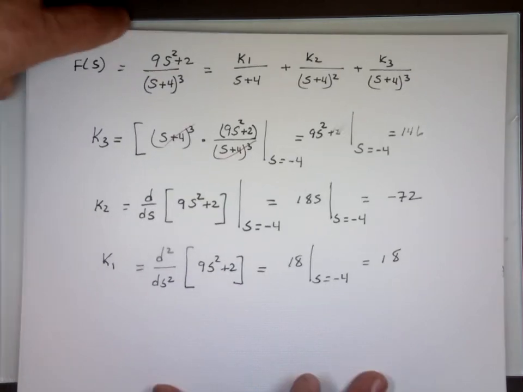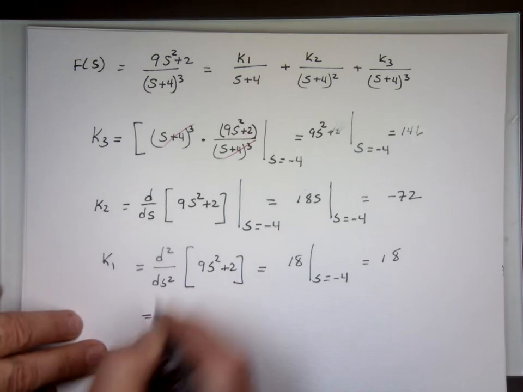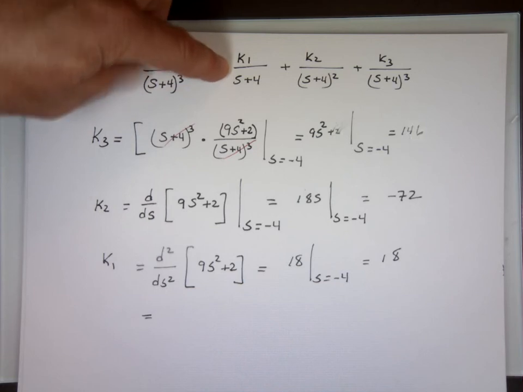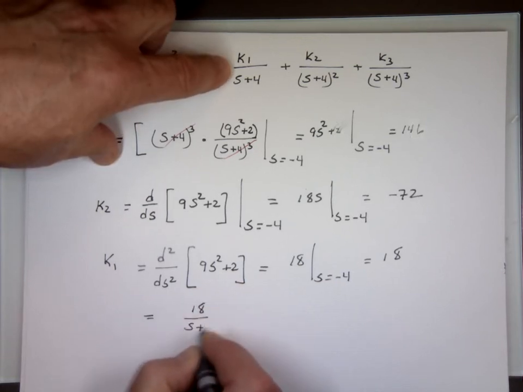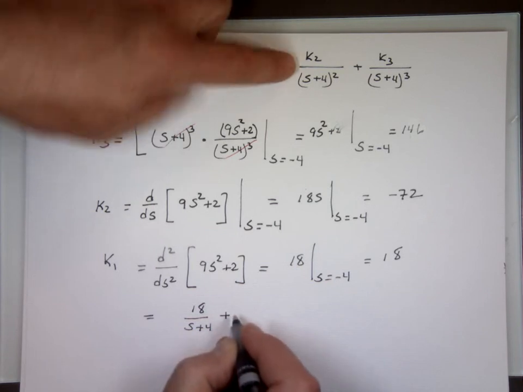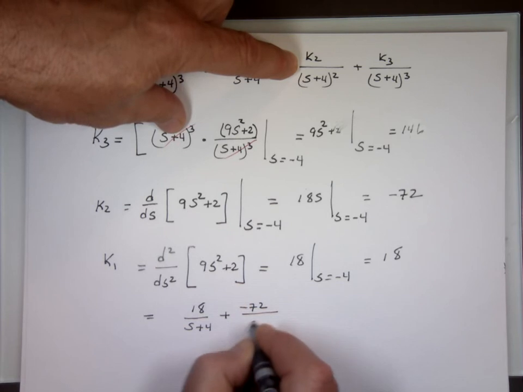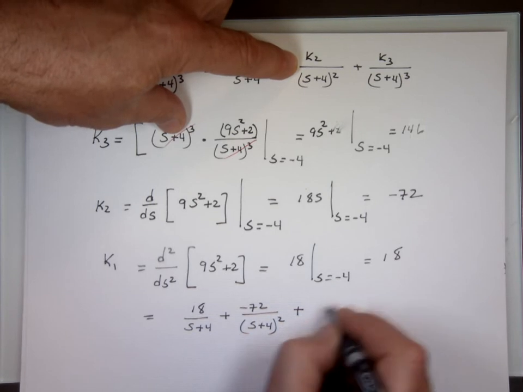So that's why I did the derivatives quickly here. So what's that? K1, which is what? 18 over s plus 4. K2, which is what? Negative 72 over s plus 4 squared. K3, which is what? 146 over s plus 4 cubed.